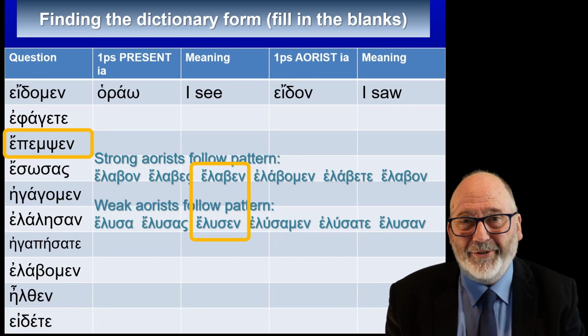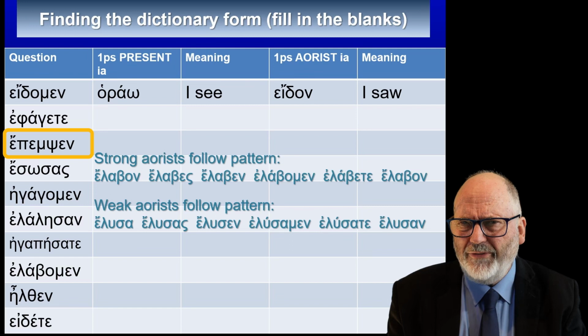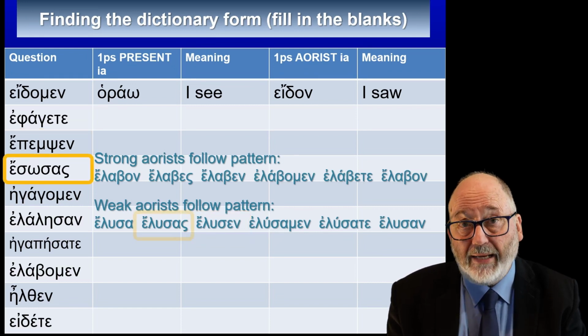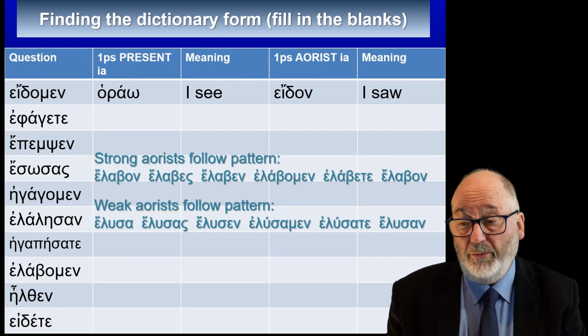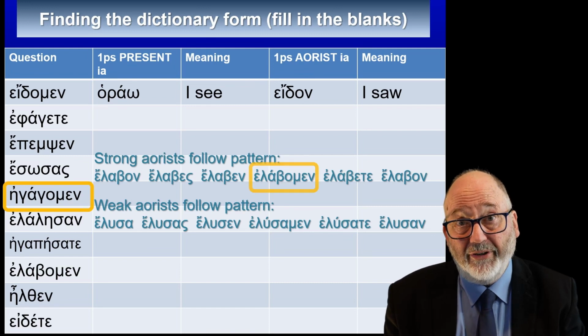But we have a sigma involved. Empempsen, is there a sigma involved there? Well, yes, there is. It's hidden in the psi. So that, in fact, is a weak aorist. Esosas, well, that's easier, isn't it? The sas ending is clearly the ending of a weak aorist. Agagomen, well, again, that's a strong aorist.